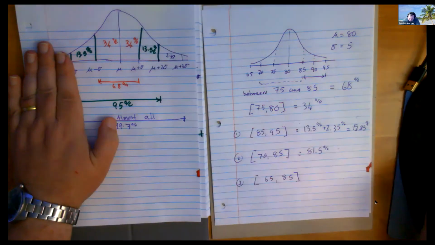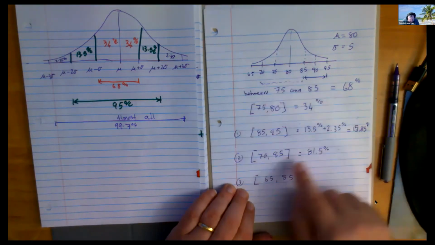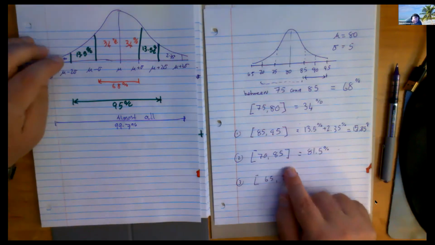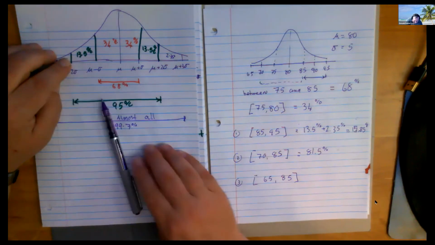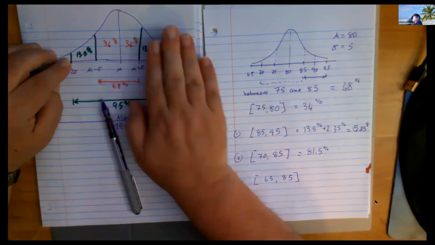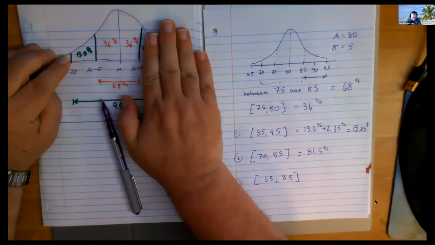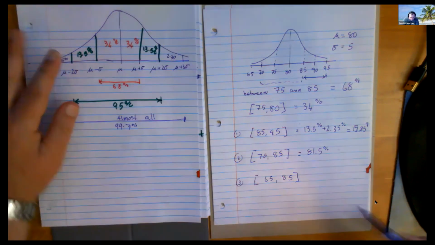Let me check that again. 70 to 85. Right. So if I do 70, it starts here. And if I do 85, it finishes here. I do not get 81.5. At least I don't think I do.